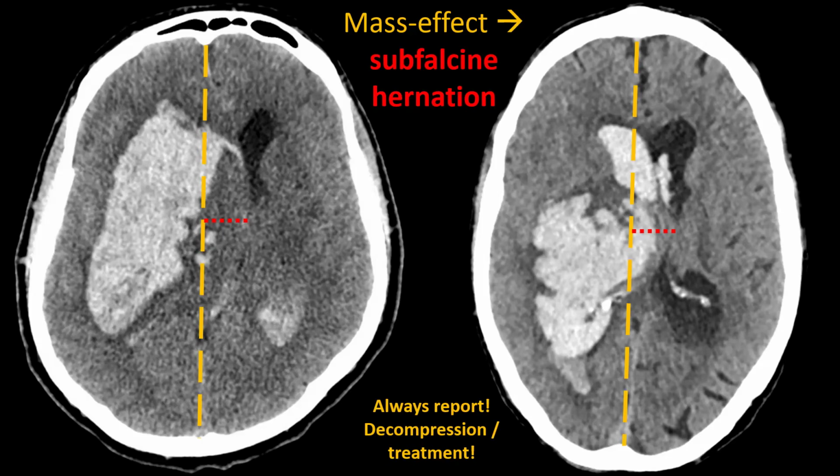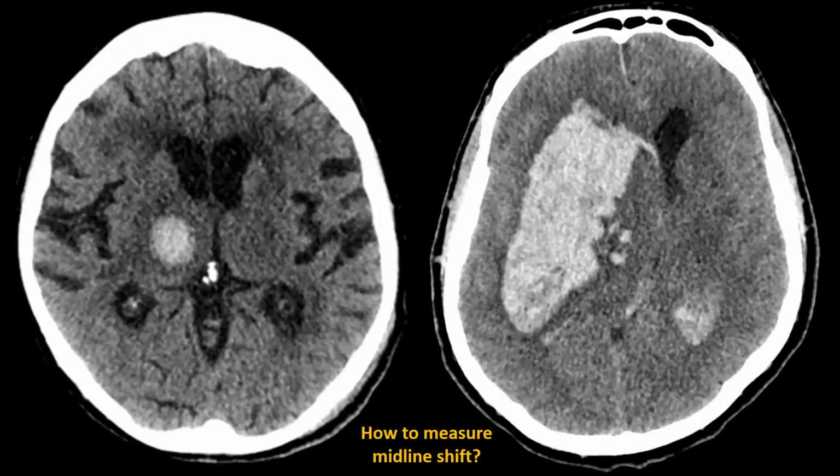This is a very important thing to notice as a radiologist, to report. Don't just write it down in your report, call your neurosurgeon or your emergency physician right away, because this is extremely important. How do you measure a midline shift? There are several ways you can do it.